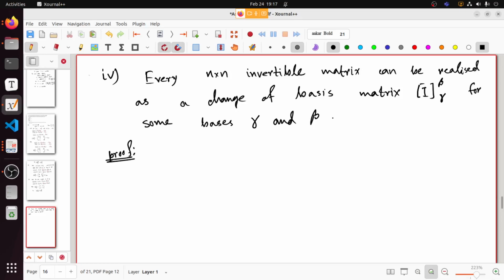Suppose we take any invertible matrix. Let A, which is A11 ... A1n ... An1 ... Ann, be an invertible matrix.